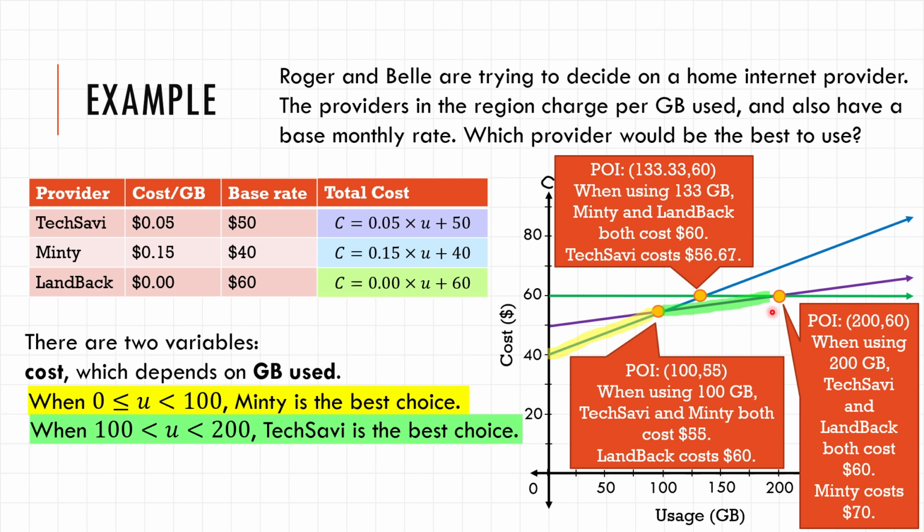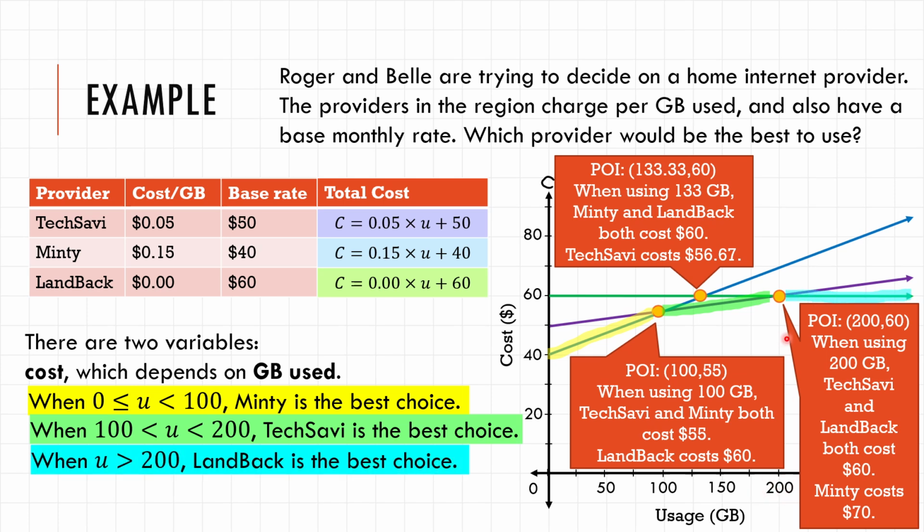And finally, if they look at their monthly history and they can see they use more than 200 gigabytes every single month, they watch a lot of TV on their streaming services, they download a lot of things, maybe they upload a lot of things, well, if they're using more than 200, then Landback would be the best choice, because Landback only charges $60 as a flat rate.